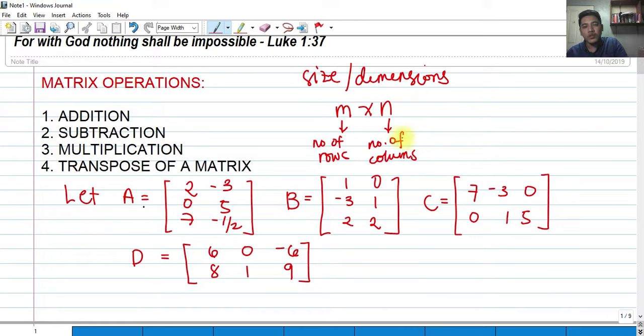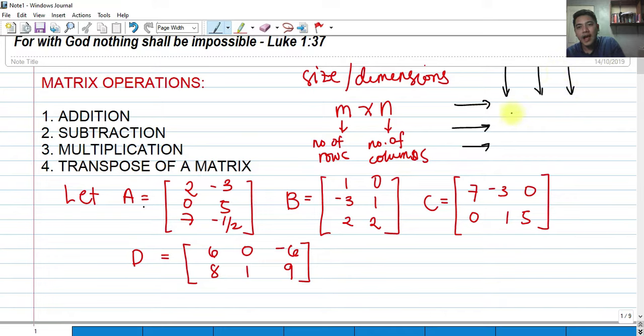So as we can see here, we have four matrices given, and what I'm going to do is have a simple operation regarding these matrices. Again, the counting of rows is this, and the counting of columns is this.